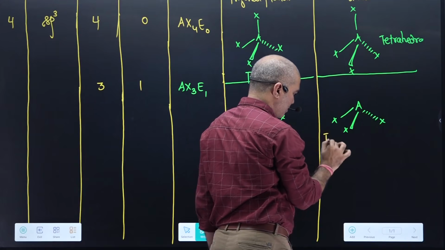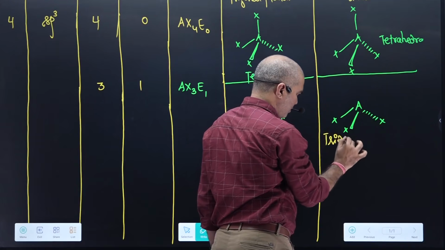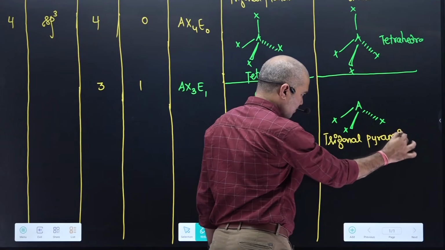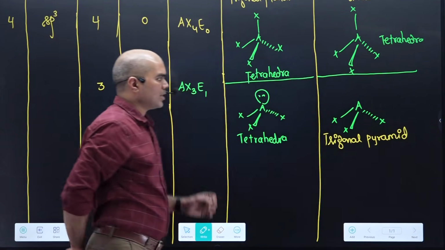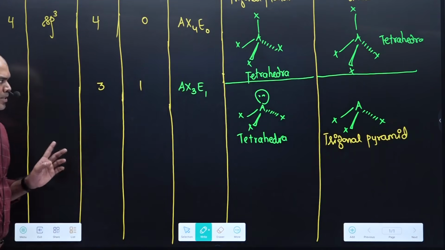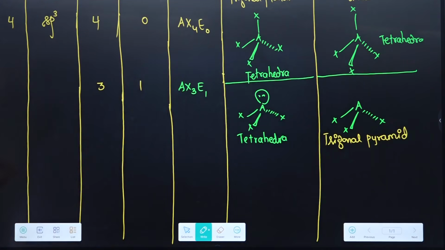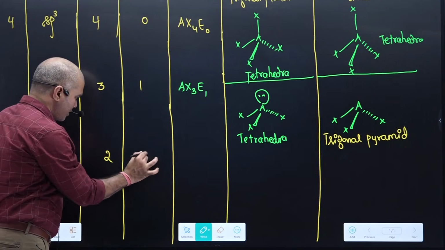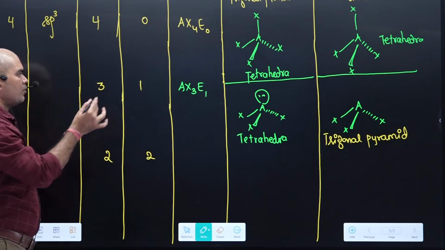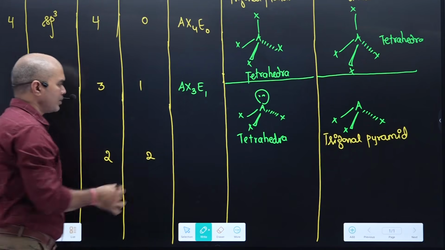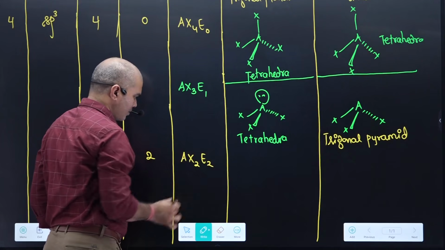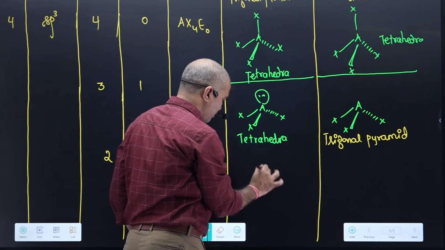This becomes trigonal pyramidal. Steric number is same. Hybridization is same. Molecular shape is different. Then let us take the 2 2 combination. 4 0, 3 1, 2 2. AX2E2. Best example, your water molecule.